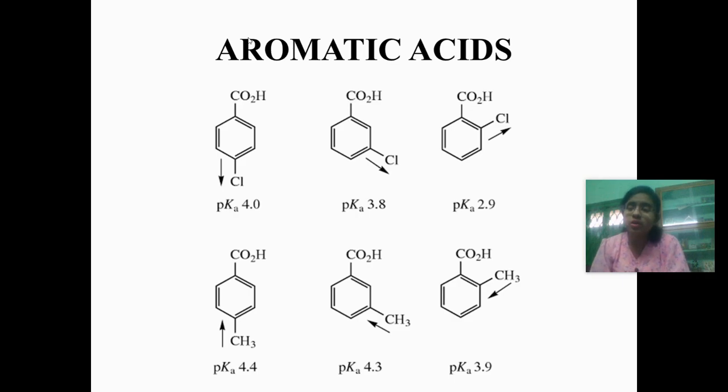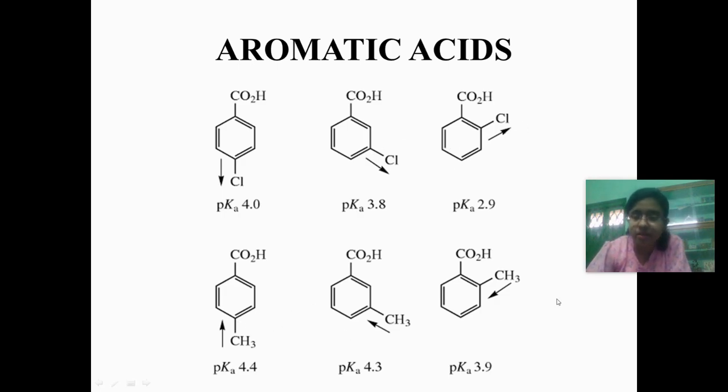Now we saw that if in the aromatic acids we put some substituents, as you can see on the screen here, there is a Cl substituent, this is para, this is meta, and this is ortho.